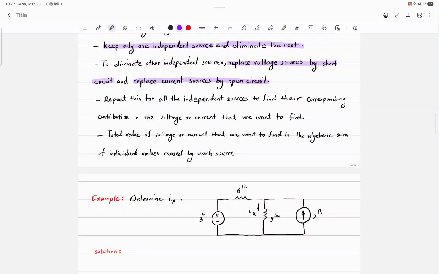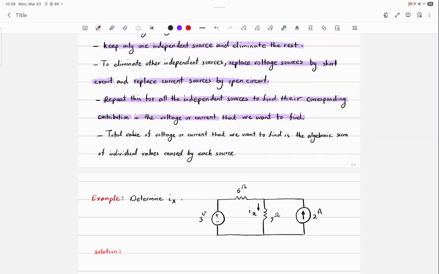Now, after we did this, we're going to repeat this process for all the independent sources in the circuit. I'm going to read this and I'm going to underline a very important keyword. So repeat this for all independent sources to find their corresponding contribution in the voltage or current that we want to find.